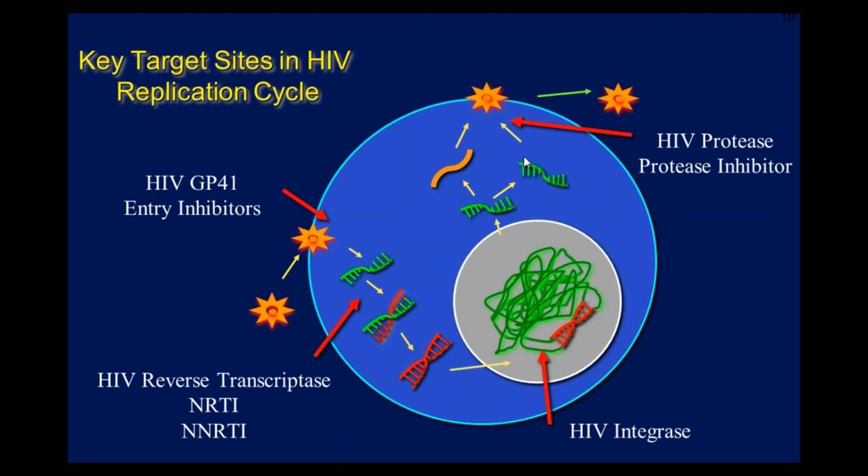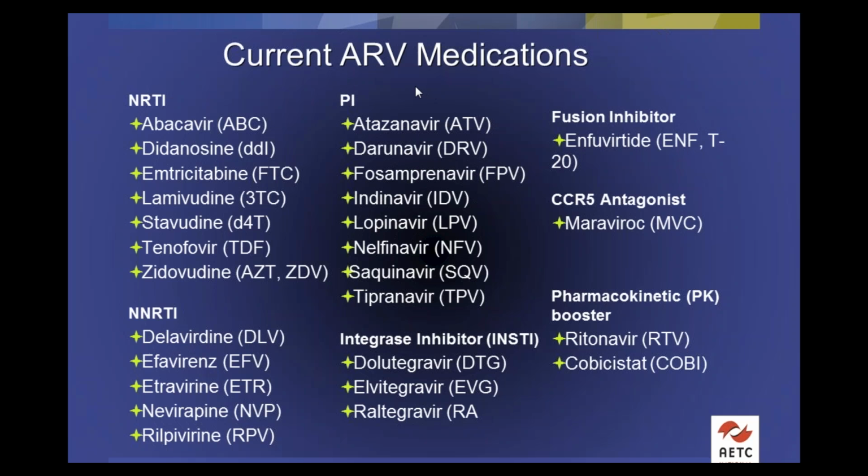And so what we found is that if you put people on these potent combinations of drugs, they will live a very long time. We honestly don't know what life expectancy is because we've only had them for about 25 years, and we're still figuring it out. But we expect people to live a normal lifespan if they get on these medications.